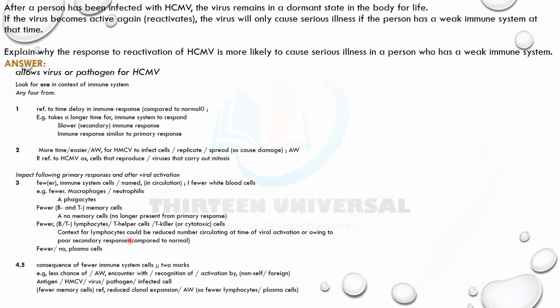Look at this, guys. There is less time and a poor secondary immune response. The consequence is that with few immune cells, there is less chance of encountering and recognizing the virus, so clonal selection and clonal expansion are very low and slow. That's why it's dangerous.